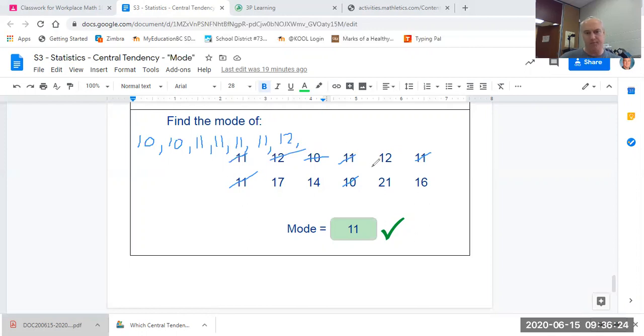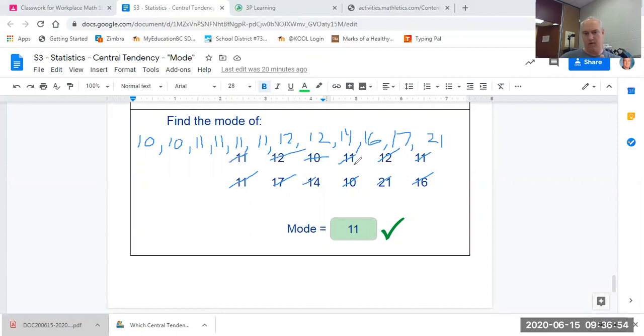So if we carry on here though, I've got a couple 12s, then I've got my 14, and then I've got a 16, and then I have a 17, and lastly I have a 21.